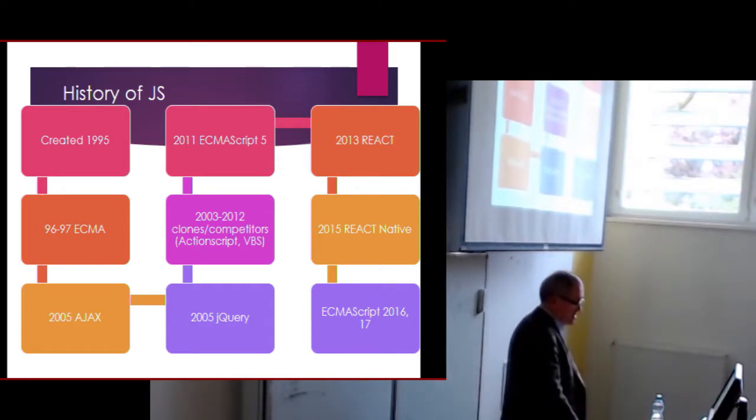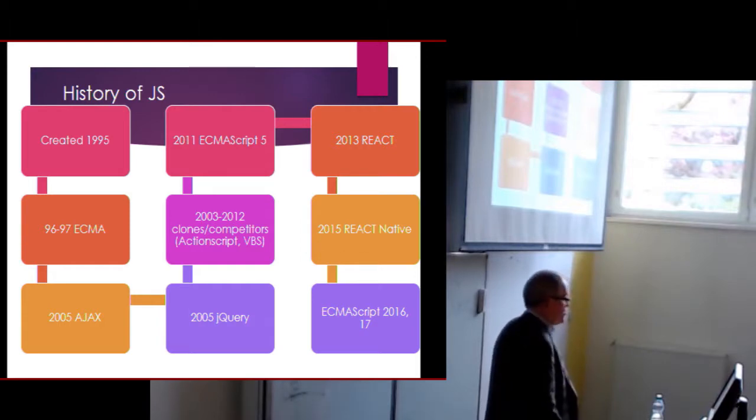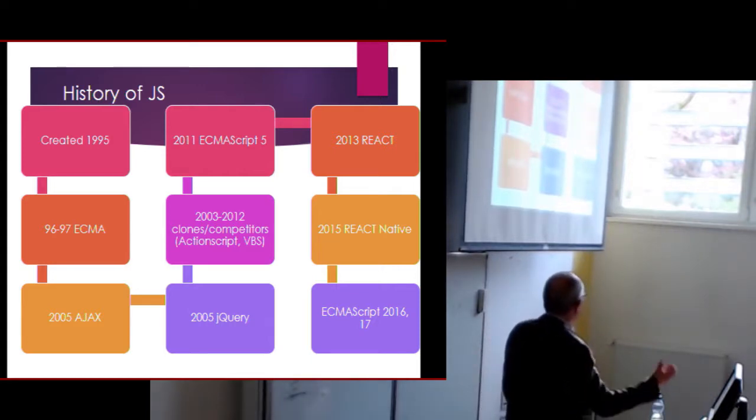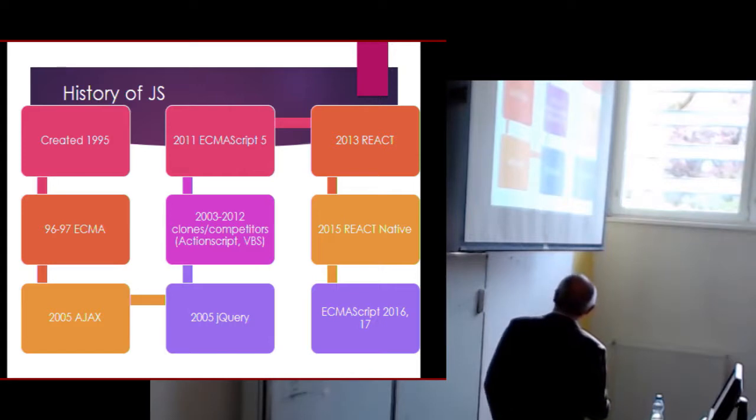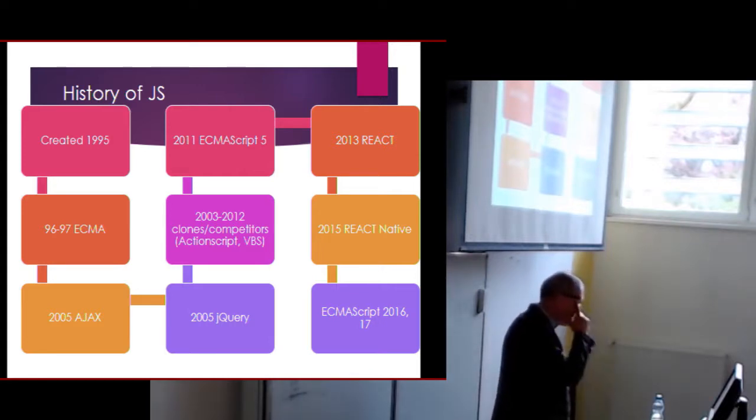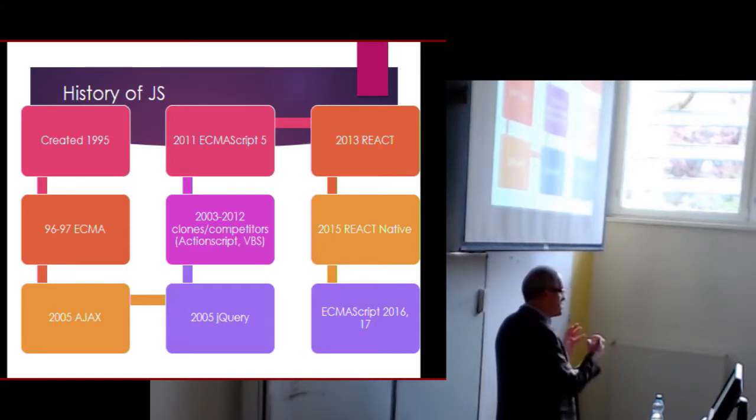In the year 2005 comes Ajax. Ajax is a very important technology, and it enables pulling some variables or data from the server. From that point, JavaScript started to be very interesting, because it was possible to change not the entire HTML page, but only parts of it.